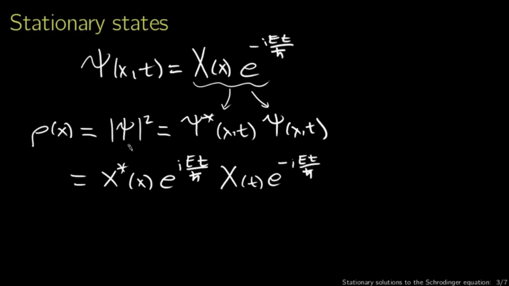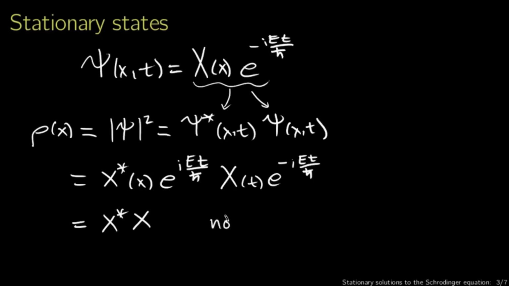Now, multiplying these things together, there's nothing special about the multiplication here, and these are complex conjugates of each other, so they multiply together to give the squared magnitude of each of these numbers, which, since these are just complex exponentials, is magnitude 1. So what we end up with here is X star X, essentially the squared magnitude of just the spatial part of the wave function.